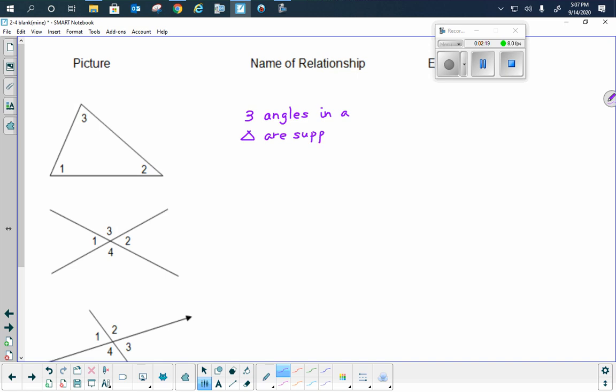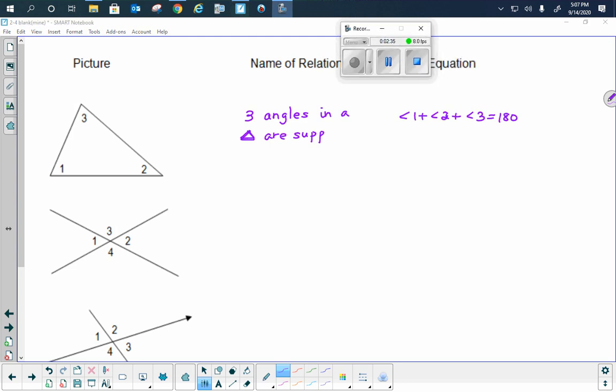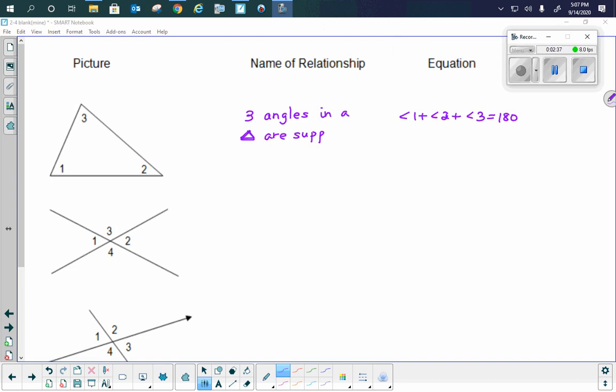They add up to 180. Okay. So then you should be telling me that angle 1 plus angle 2 plus angle 3 equals 180. Okay, so there's our equation. We'll put that out of our way.